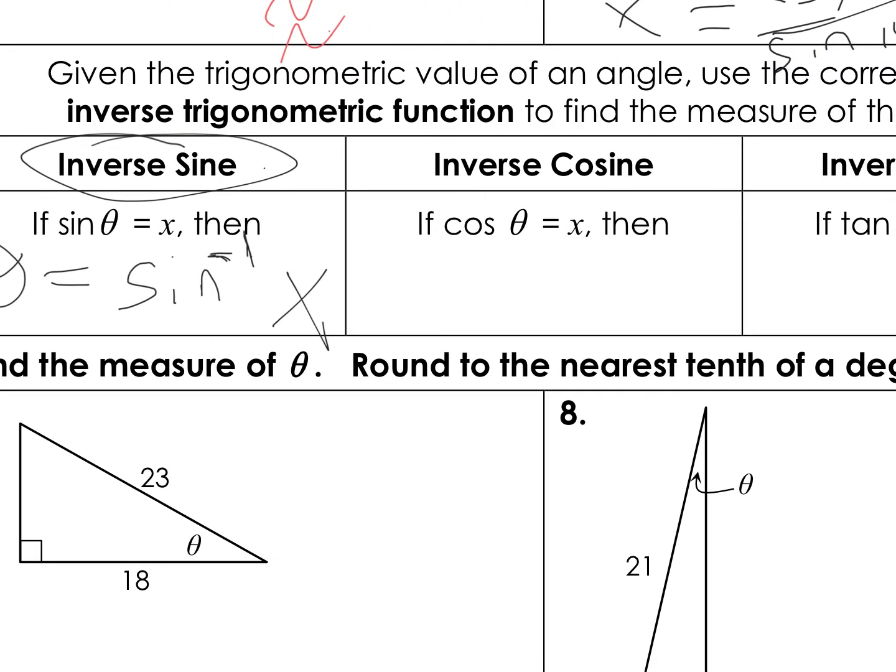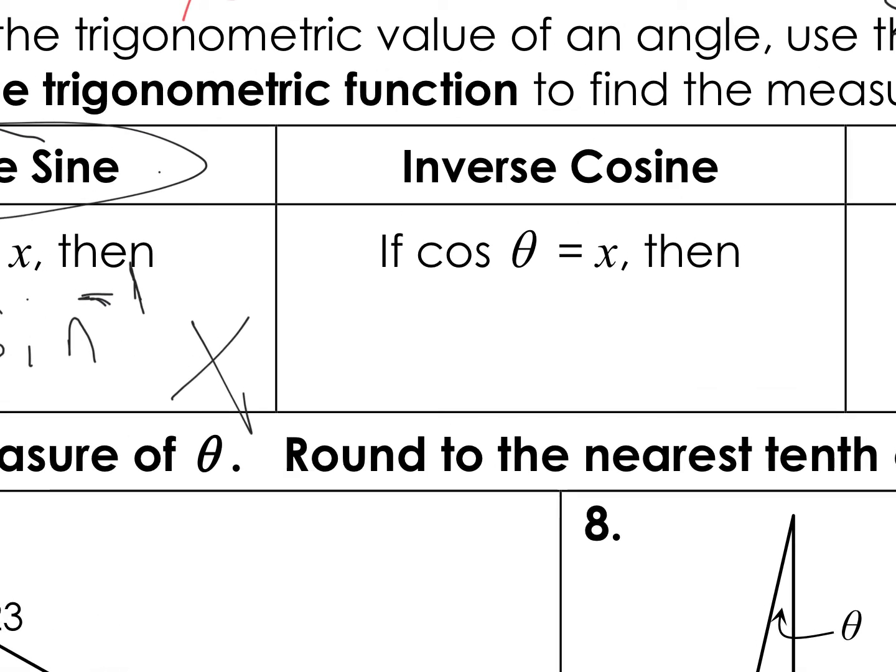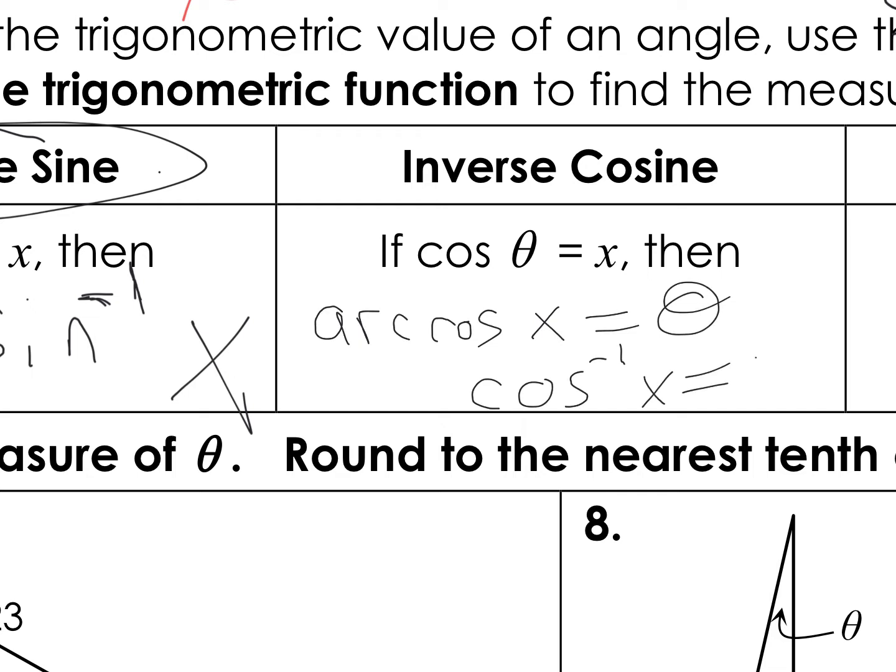I also like to use the word arc sine or arc cosine. So in this case, if cosine of theta is x, then arc cosine of x will be theta. That's the same thing as cosine to the -1 of x equals theta.